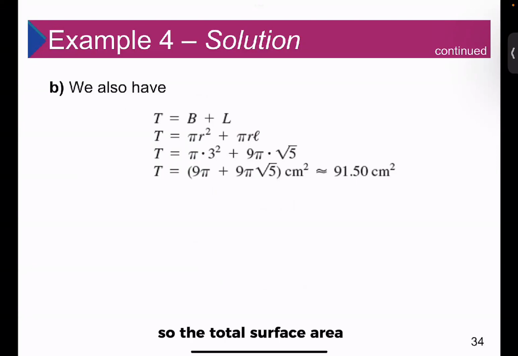We plug in r is equal to 3, so that would be 3 squared, and then we have pi rL, so pi times the radius 3 and the slant height 3 square root of 5. So the total surface area is equal to 9 pi times the quantity 1 plus square root of 5 square centimeters, while approximately it is equal to 91.5 square centimeters.